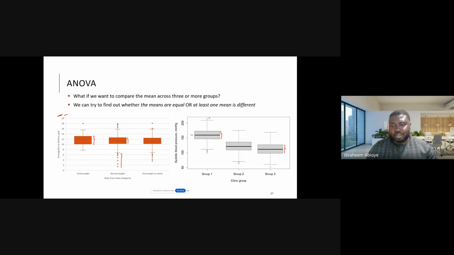You have the interquartile range, and then you have the mean in the middle. And the distance between the mean, this line that runs through, can usually tell us about the degree of skewness that we're seeing in the data.